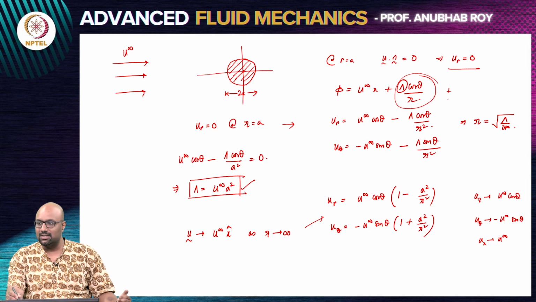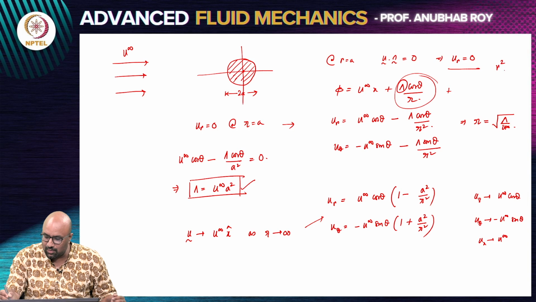Because if phi is growing at infinity algebraically, so if phi is some function that is r square, r cube, r to the power 4, if it is any function which is 2 or higher powers of r, automatically that rules out the possibility of getting a decaying velocity field. Because if phi had a form that was r square, this will give you a radial velocity. So, if phi goes as r square, ur will go as r.